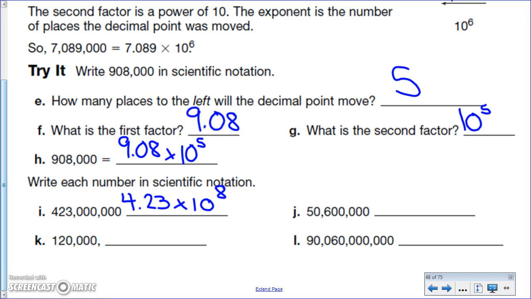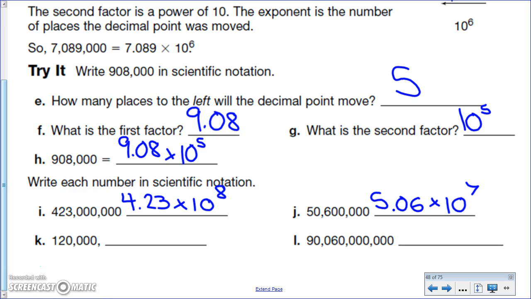For J, the first number in our answer is going to be 5.06 because the decimal needs to be after the first digit in the number. We always know it's going to be times 10 to the. In this case, it's going to be 7 because we moved the decimal 7 places to get it from the end of the number to right behind the 5.